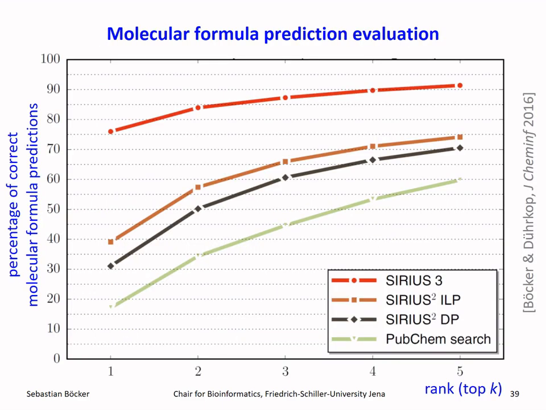Now, how good does it work? This is now a comparison between the old scoring, which was chosen ad hoc, and the new scores, the posterior probabilities. And you see a dramatic increase here. But you also see the difference between 2 different algorithms. The DP algorithm, dynamic programming algorithm, that's the parameterized algorithm, as I told you, only considers the 10 or 12 most intense peaks and inserts everything else heuristically, whereas the integer linear programming considers all the peaks.